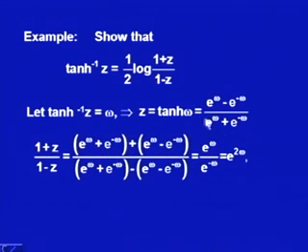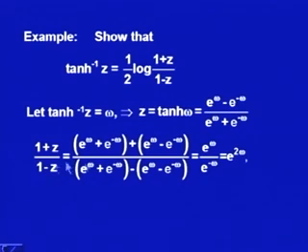Then we simplify this expression as (1 plus z) over (1 minus z) is equal to (e^w minus e^(-w) plus e^w plus e^(-w)) over the denominator, which similarly is 1 minus z, and simplifying it, this gives me e^(2w).